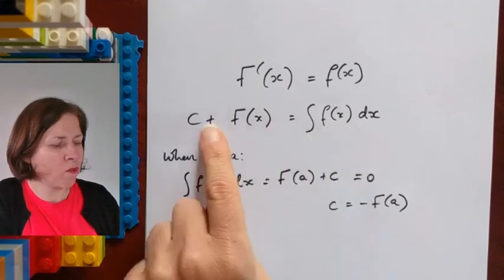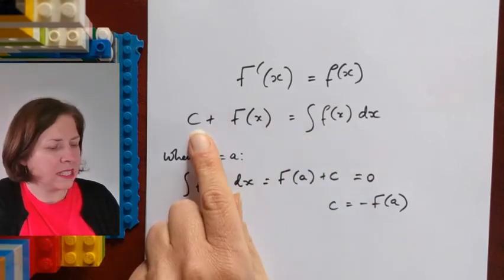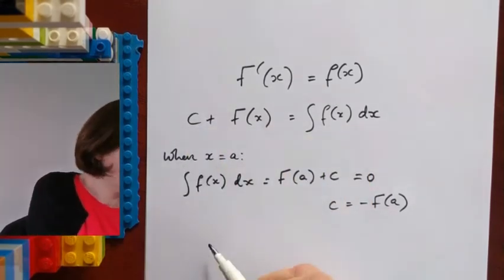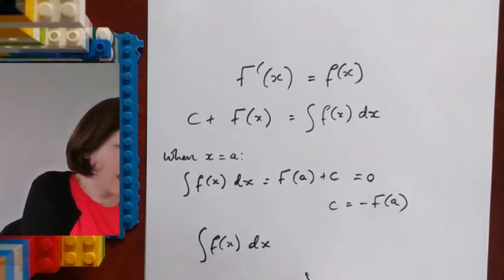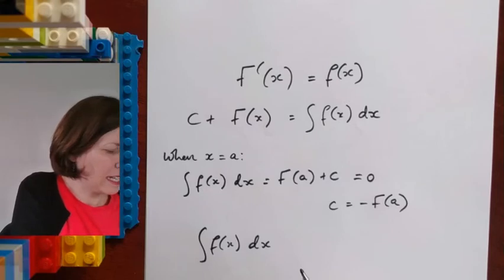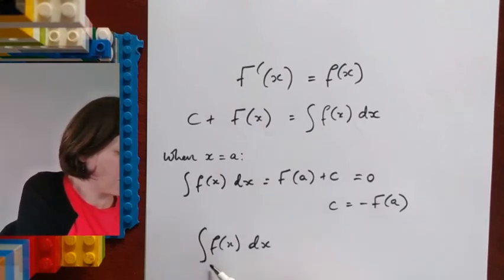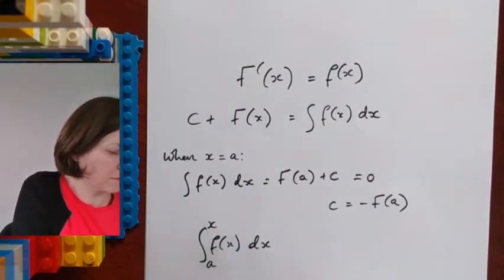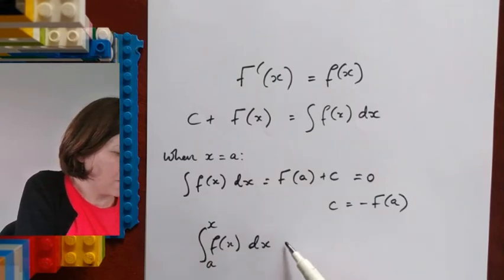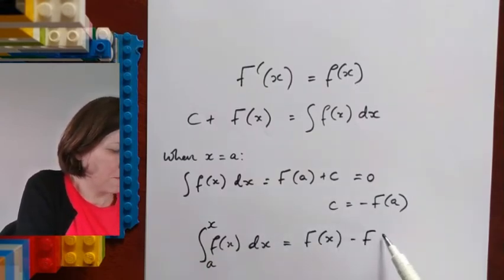So I'm now going to rewrite this equation with c being negative F of a, the integral of f of x dx. And remember that what I'm really calculating is the area under the graph from a to x is going to be given by F of x minus F of a.